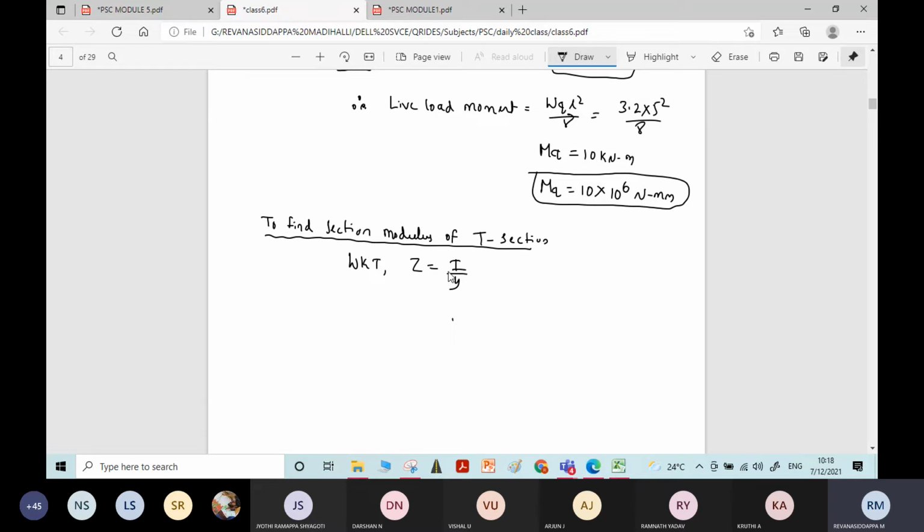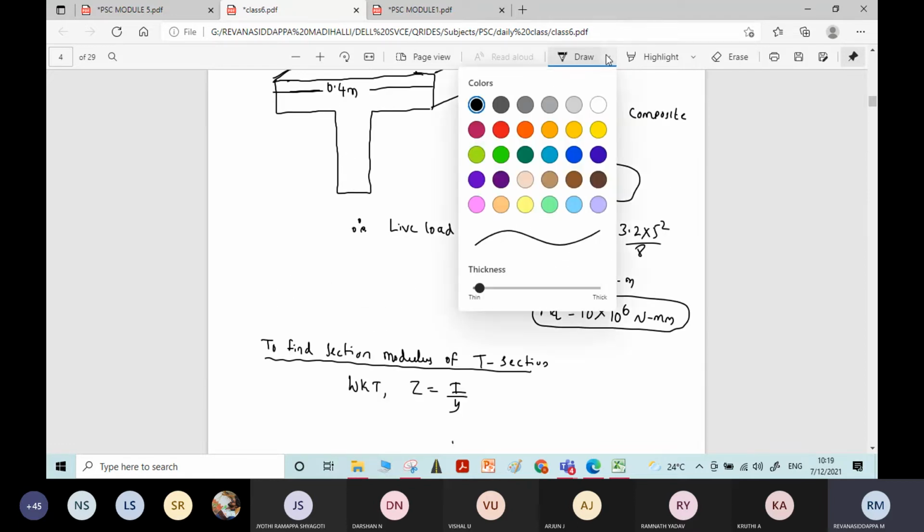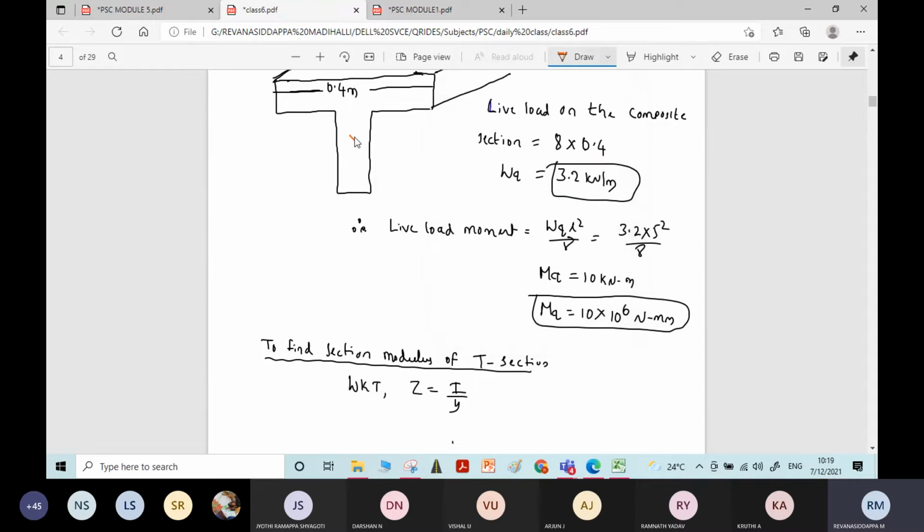First you find the moment of inertia of T section. To find moment of inertia, you need centroidal distance. Correct? You need the centroid. Let me take G as the centroid of the section.